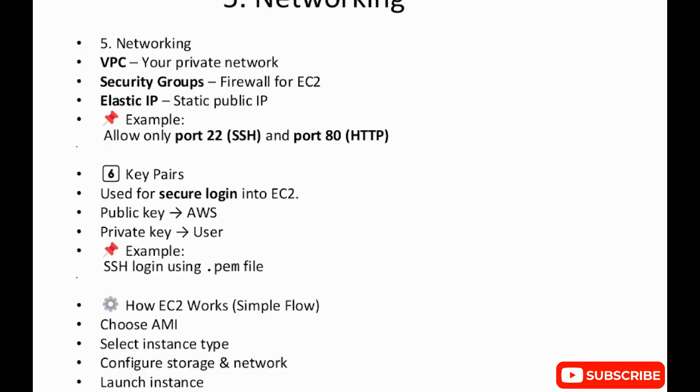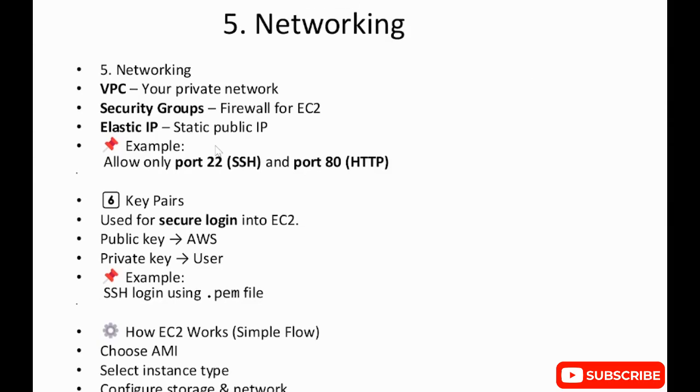Next one is networking. Under this we study VPC. VPC is the Virtual Private Cloud, your private network. Security groups are the firewall for EC2. When we use a security group, it works as a firewall, like a filter: third parties who don't have access cannot access.